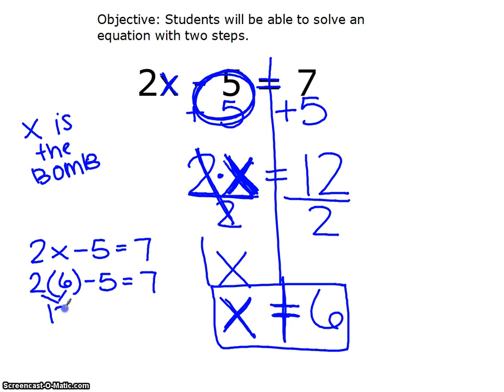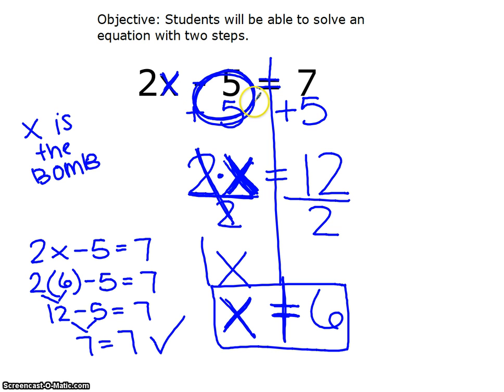Or I've got 12 minus 5, and 12 take away 5 is 7, and 7 equals 7, which is true. 7 does equal 7. Therefore, the x value has to be 6. We were trying to find a value for that unknown that made that equation equal.